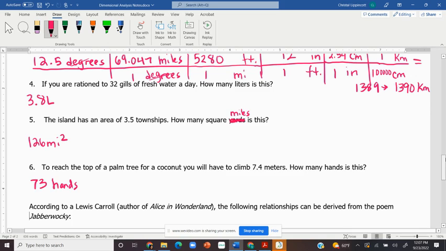When you get done, start working on Alice in Wonderland. Where is that? Number 5. So you're at where you need to be.